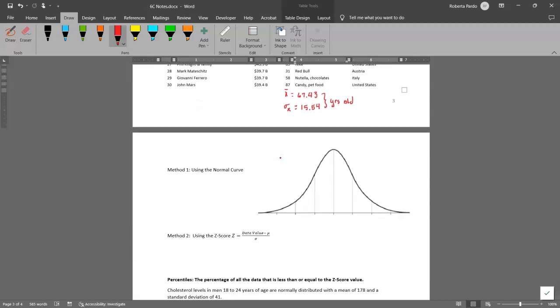Since we're going to determine ages that are outliers, using the normal curve might be easier, because we can quickly write down each of these values. We know the mean is 67.43. From there, we add and subtract our 15.54. Adding 15.54, we get 82.97.